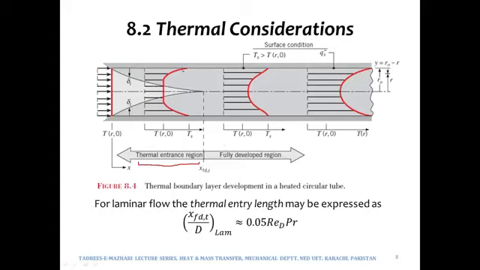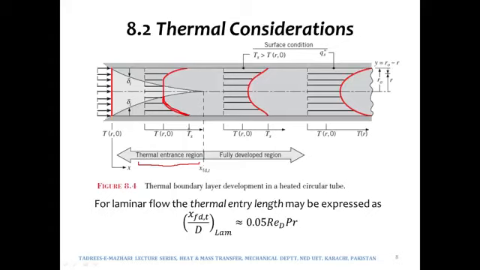Now over here, let's take a look at this profile. See, this is the profile. Kindly focus upon this profile. You would certainly have seen this profile when we were discussing in chapter 1, where we were discussing how temperature varies.